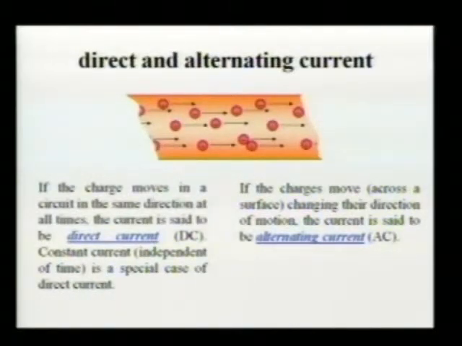So the potential difference is lowered to 110 volts. But between the cities, potential differences are in thousands of volts.